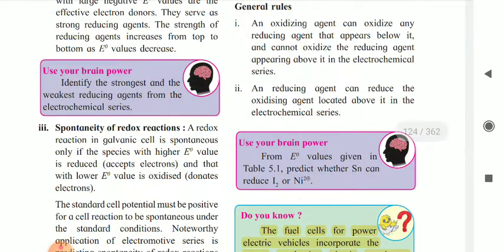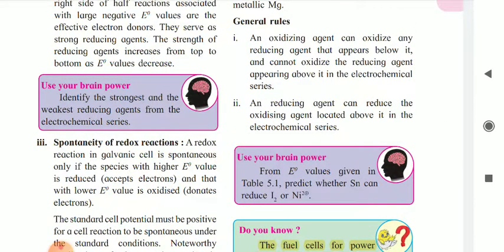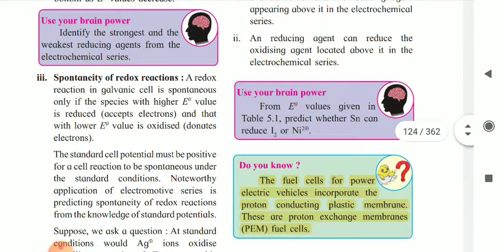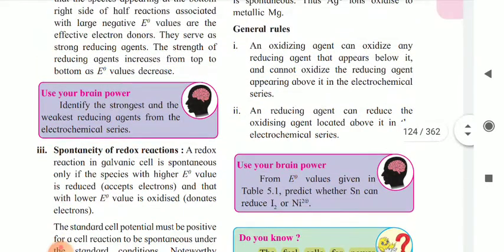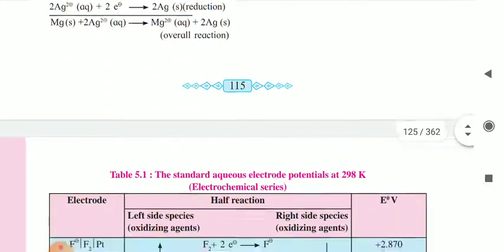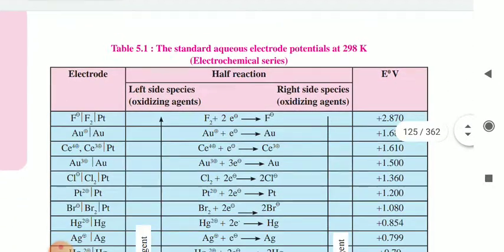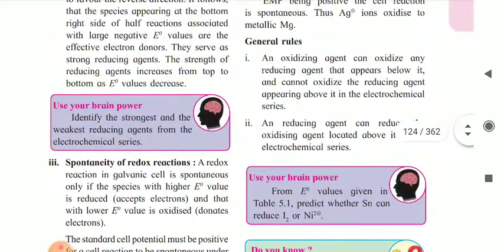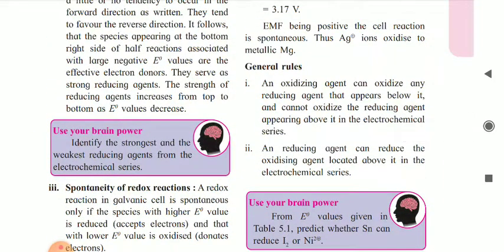Students, the important general rules are also given in your textbook, and you can follow these rules for the problems. An oxidizing agent can oxidize any reducing agent that appears below it. From observing the table provided in your textbook, you can judge that an oxidizing agent can oxidize any reducing agent that appears below it and cannot oxidize a reducing agent appearing above it in the electrochemical series.